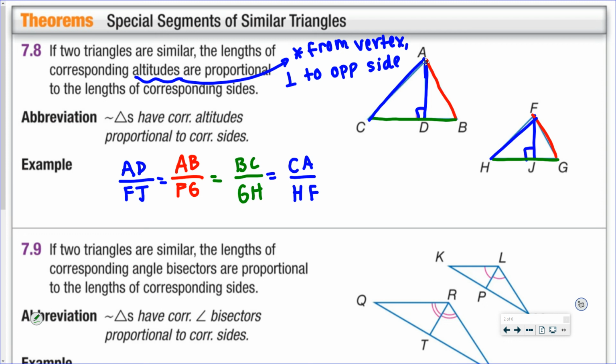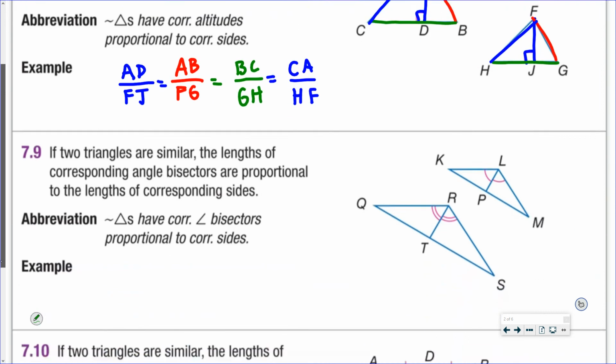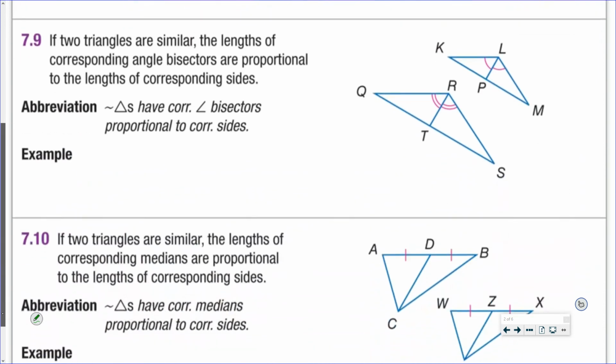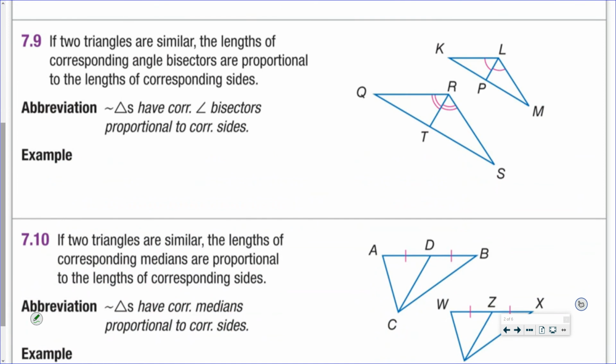That's not the only special segment that's also proportional to the scale factor. So are the angle bisectors. Remember what angle bisectors are? Yeah. That one we remember? It's because it's in the name. It tells you, it splits the angle in half. That's what bisect means, right?